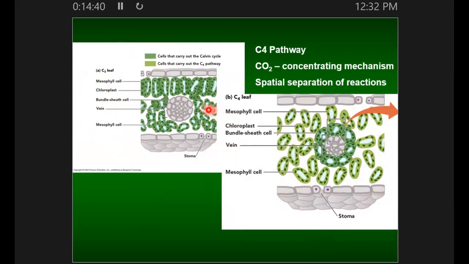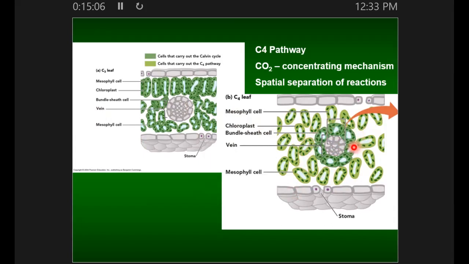And if you start going back and forth and looking at these two images, you can see that there's a little difference in their design of how they have their cells inside the leaf with regard to the bundle sheath here, this ring of cells. We call it the bundle sheath cell. So you're going to need to know that anatomy. Okay, so that's a ring of cells around the vascular tissue.